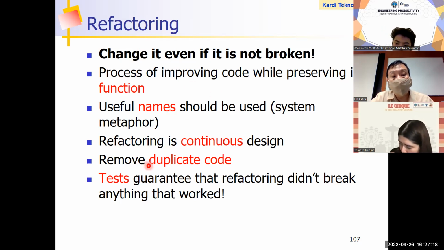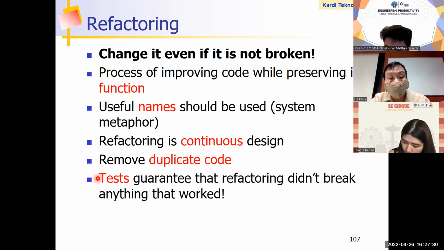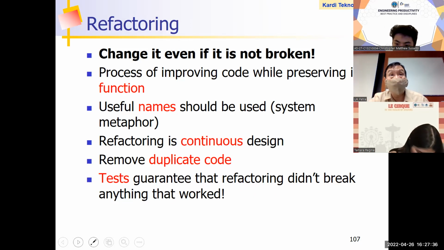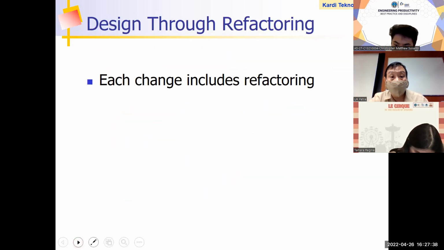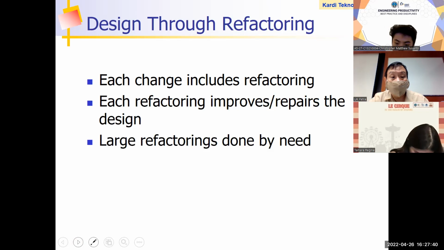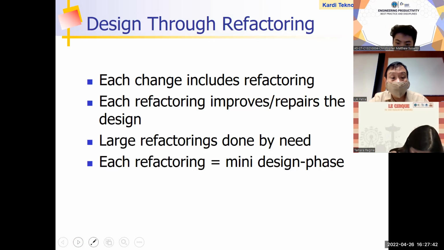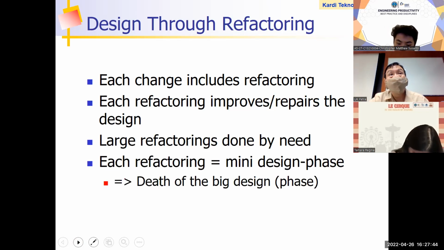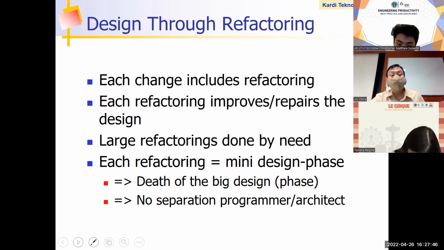Yeah, you remove the duplication in the code. You try to abstract it and so on. Yeah? So that the code will become better and better. But to do that, you need to have automatic testing. So you test to guarantee that the refactoring does not break anything that already works. Okay, so we call this design through refactoring. That means the design itself is actually refactoring.